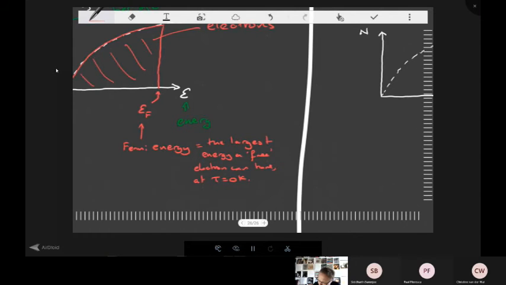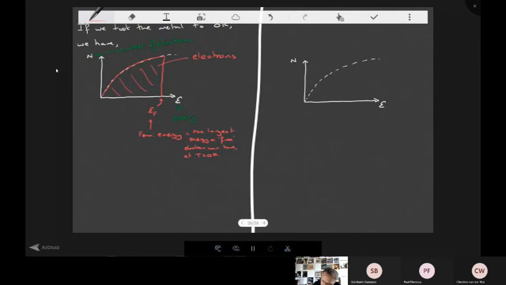Now, what happens if we raise the temperature? If the temperature is increased, then we give the electrons energy.